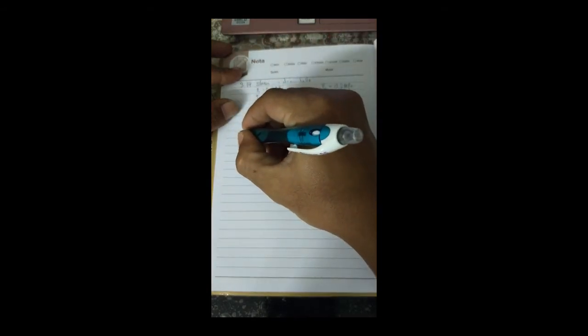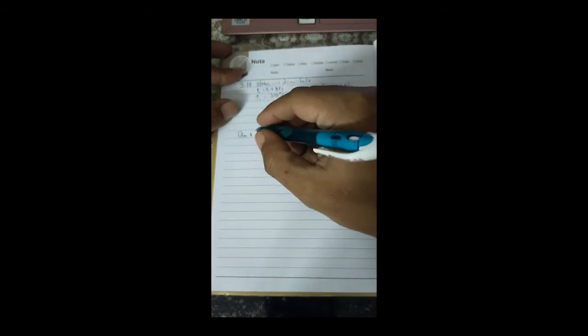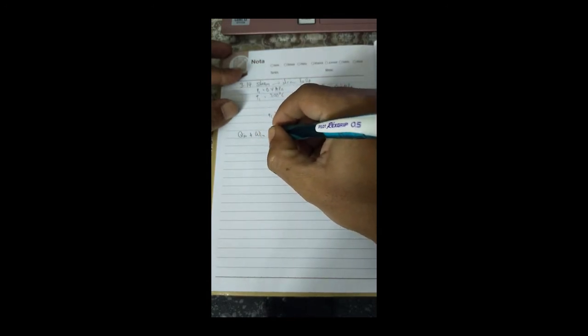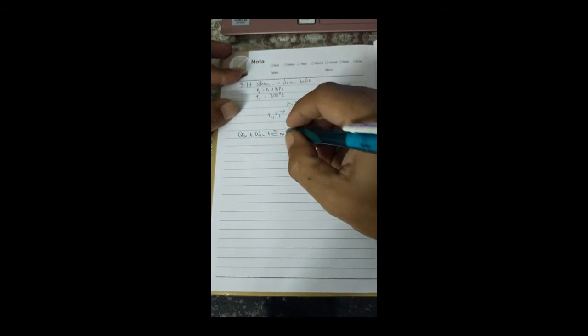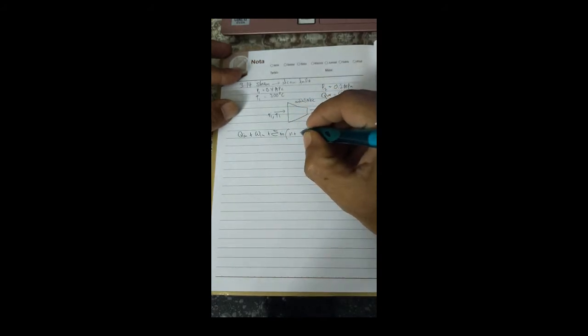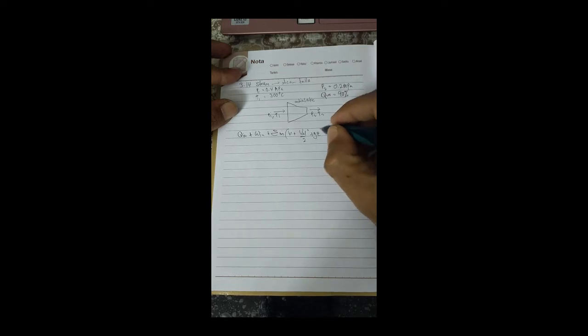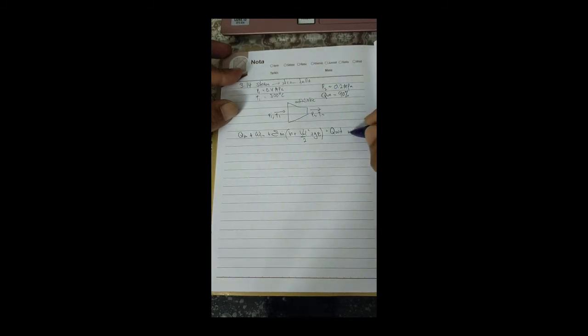General equation: Q in plus work in plus summation of mass times enthalpy plus velocity squared over 2 plus potential energy, equivalent to Q out plus work out plus summation of mass times enthalpy plus velocity squared over 2 plus potential energy.